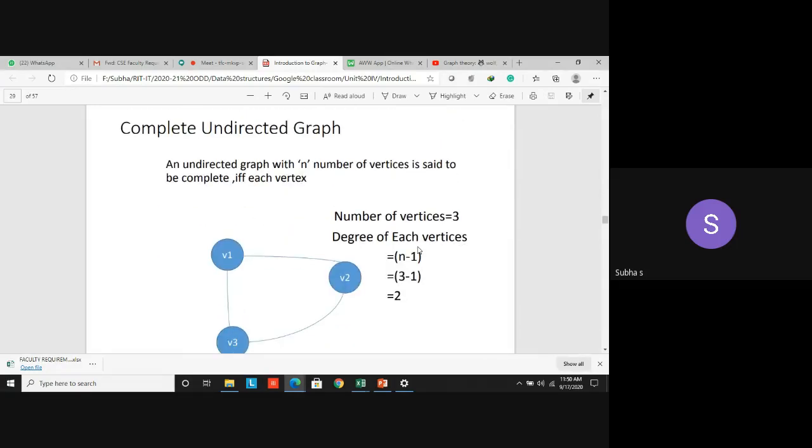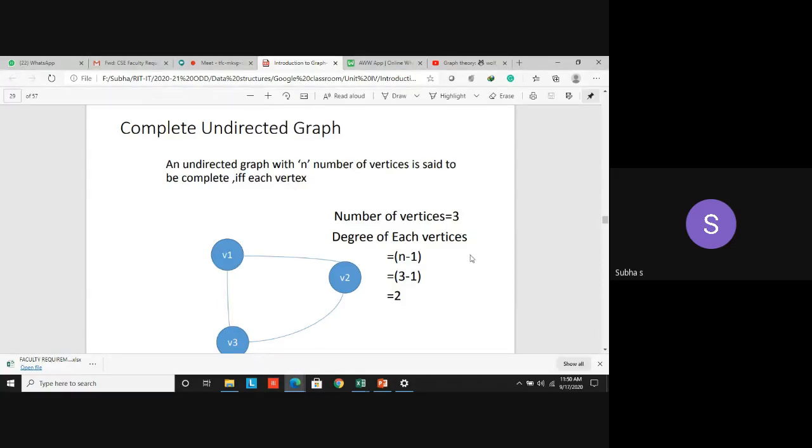You can represent the complete graph as either directed or undirected. Here there is no direction at all. It means there is a possible path between 2 vertices. From V1 to V2 there is a path. Similarly, from V2 to V1 you can connect.